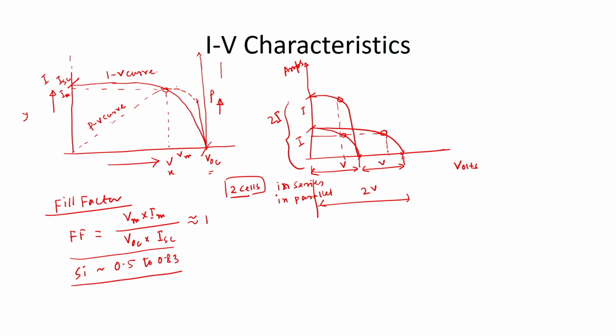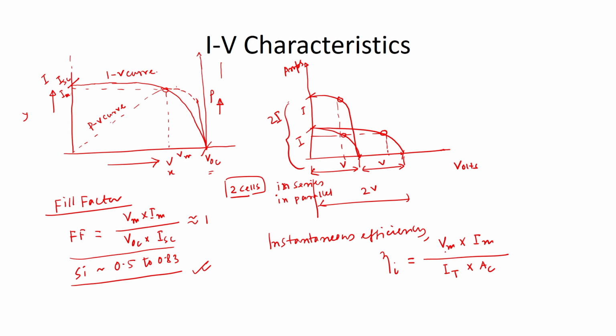Okay. And once we know this, we can also calculate the instantaneous efficiency. So, this is represented by eta I, which is equal to Vm multiplied by Im to the amount of radiation received, this may be IT, and then area of the solar cell. Okay.